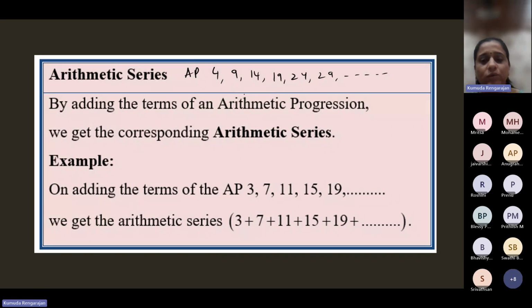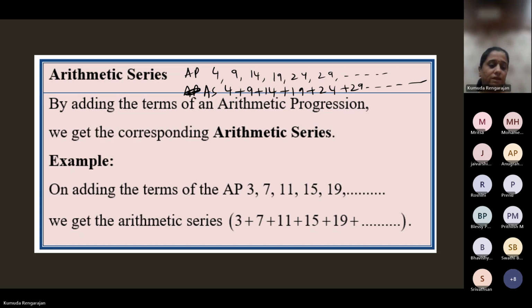Now if you take away the comma everywhere and replace that with a plus sign, it's an arithmetic series. 4 plus 9 plus 14 plus 19 plus 24 plus 29 and so on. If the comma is replaced by the addition symbol, then it's called an arithmetic series.